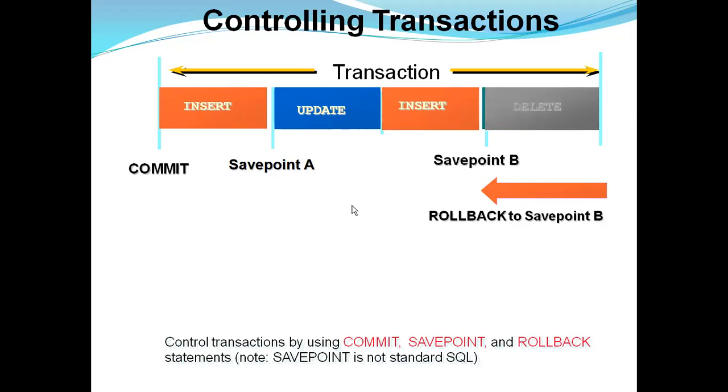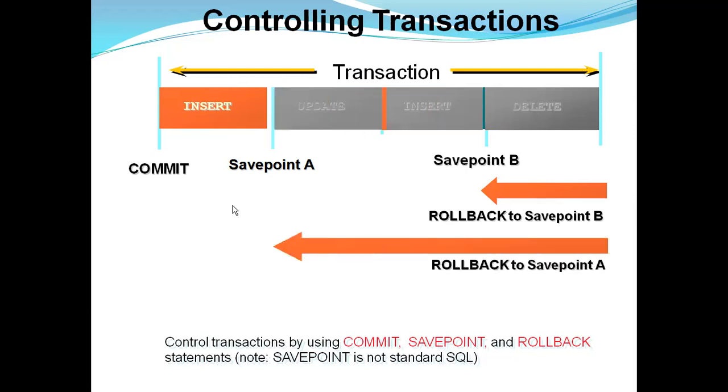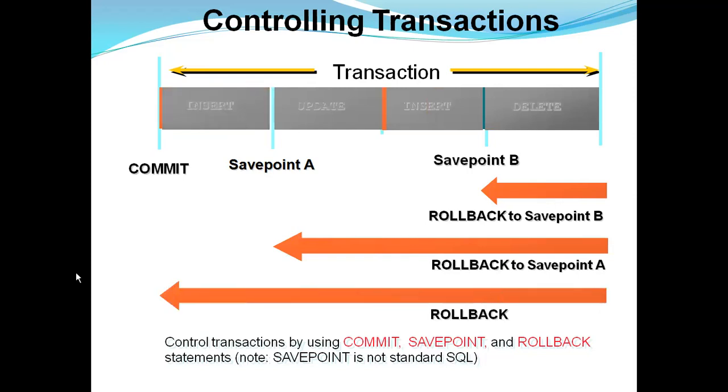If I say rollback to save point A, update, insert or delete will cancel. But if I use only rollback, everything will get cancelled. So simple here. So save point always helps you to roll back up till the specific point instead of entire rollback. Very simple here.